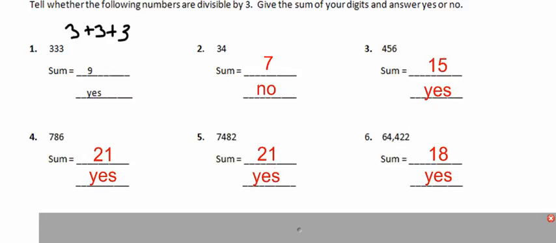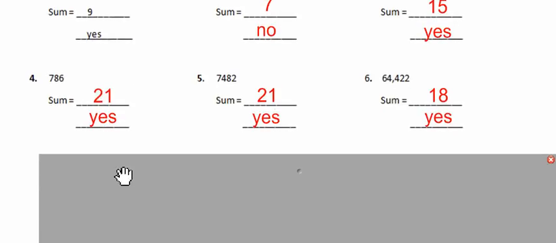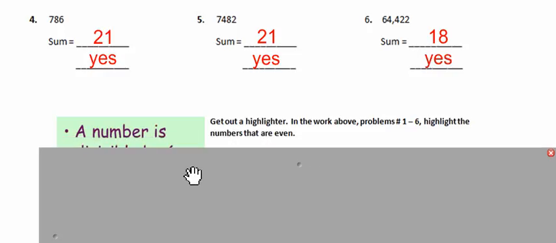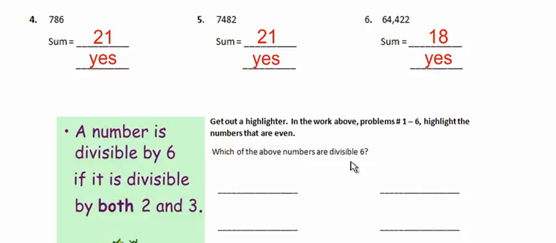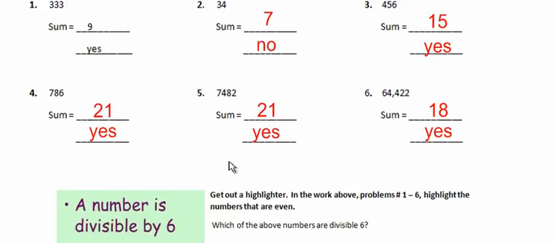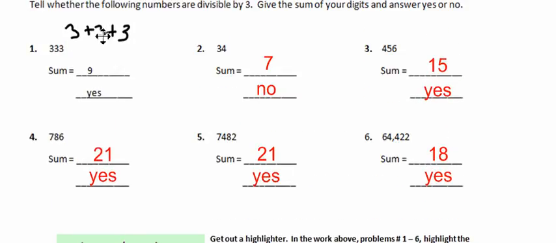So the last and final rule we're going to go through is the rule for sixes. The directions say, get out a highlighter, and in the problems above, highlight the numbers that are even. If you have to borrow from Ms. Newman's collection, you can do that.